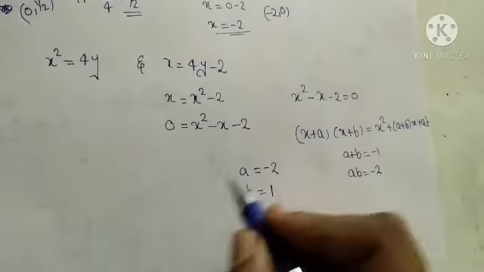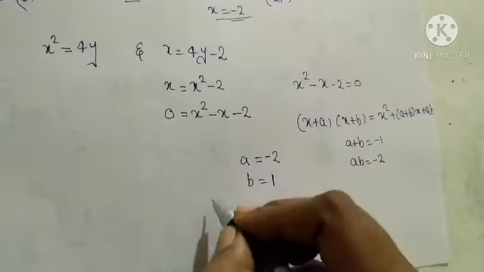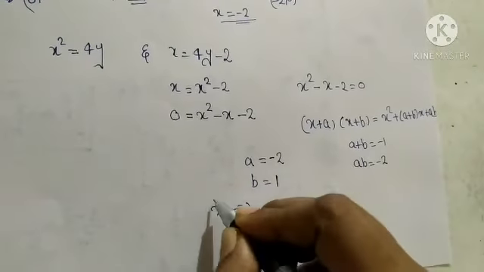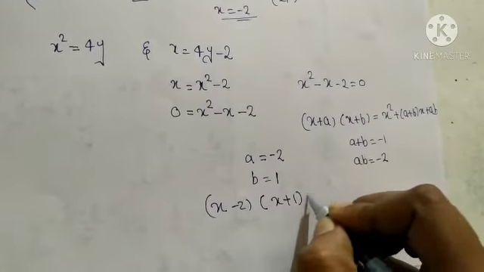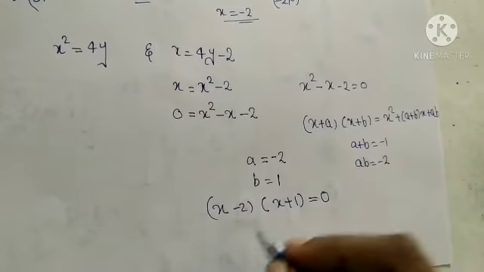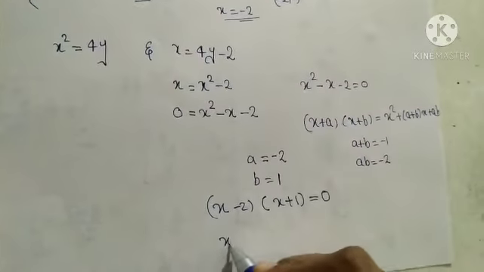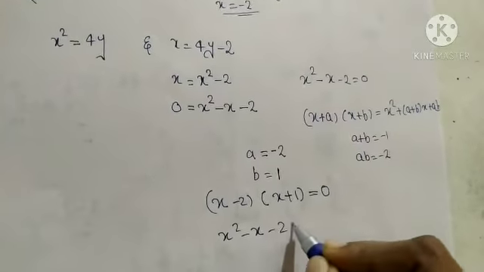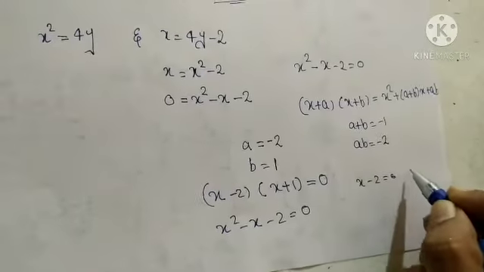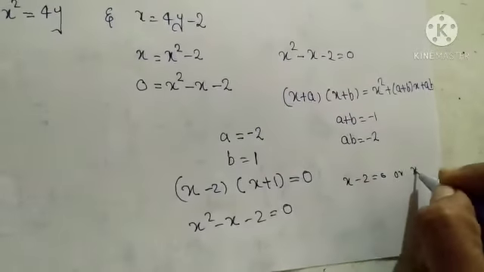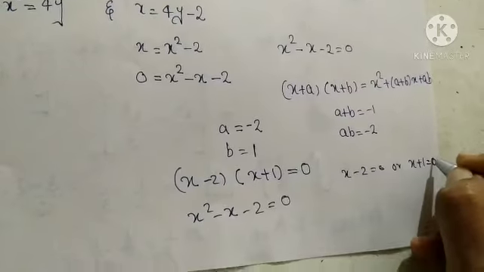So I am going to replace this a by minus 2 and b by 1 here, and it is equal to 0, and this is equivalent to x square minus x minus 2 equal to 0, right? So either x minus 2 equal to 0 or x plus 1 equal to 0.